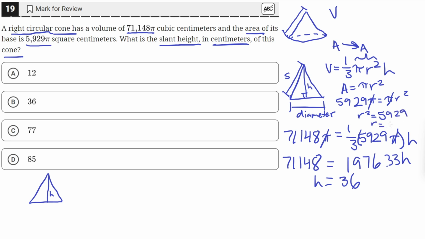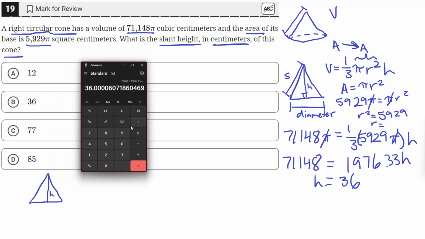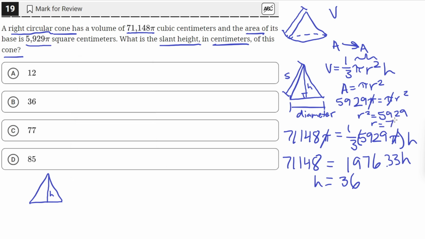So r is just equal to the square root of 5,929, which is 77. So the radius, which is half the diameter, is equal to r. This distance from here to here is r, and so is this distance here.